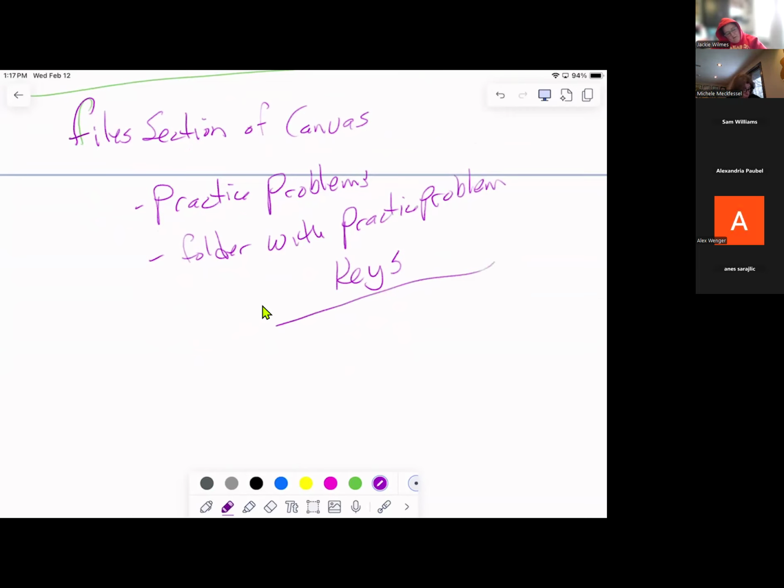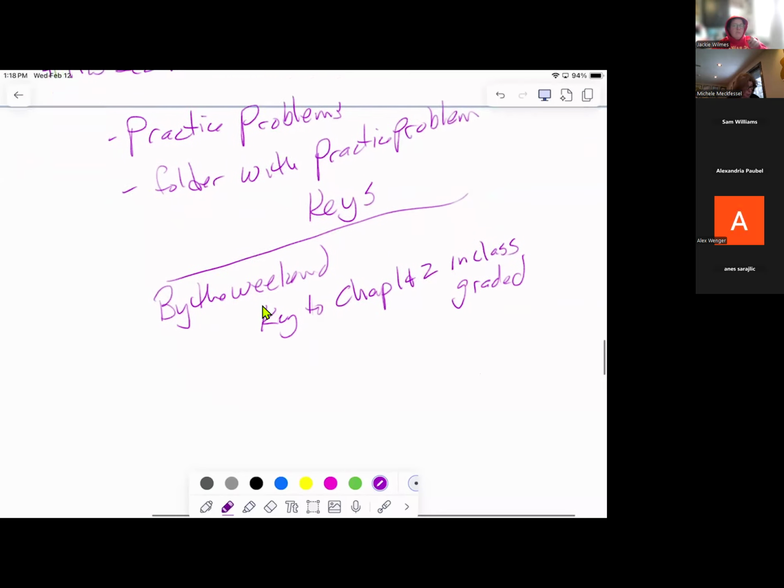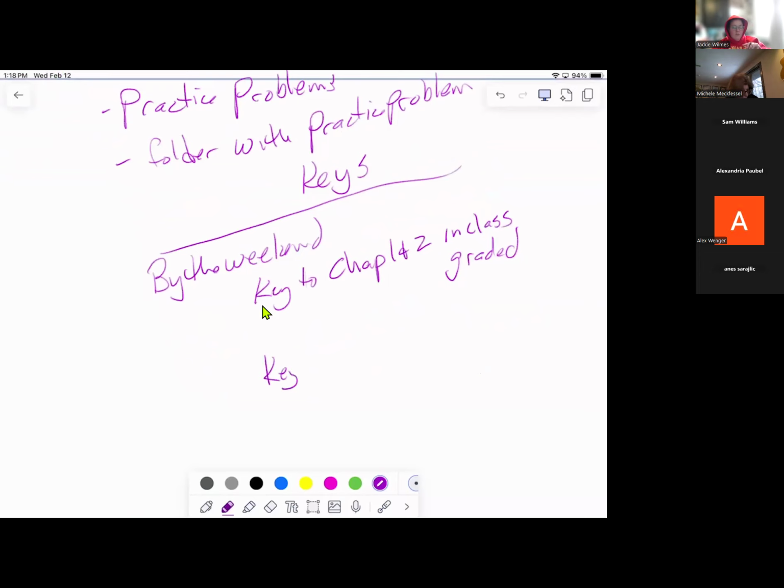There will also be, by the weekend, the key to the chapter 1 and 2 in class graded, that will be there. And the key to the review quiz will be posted.